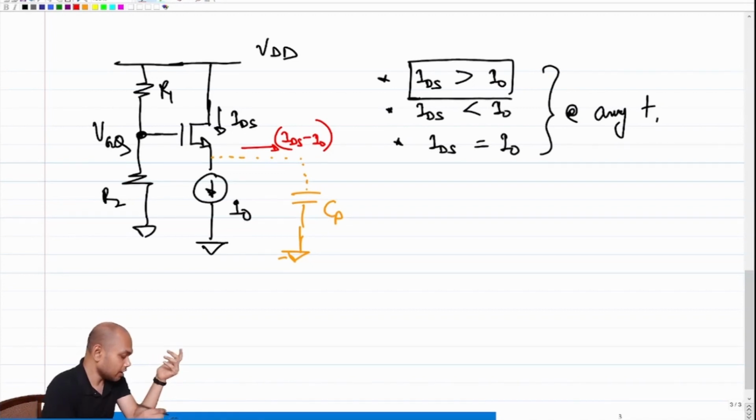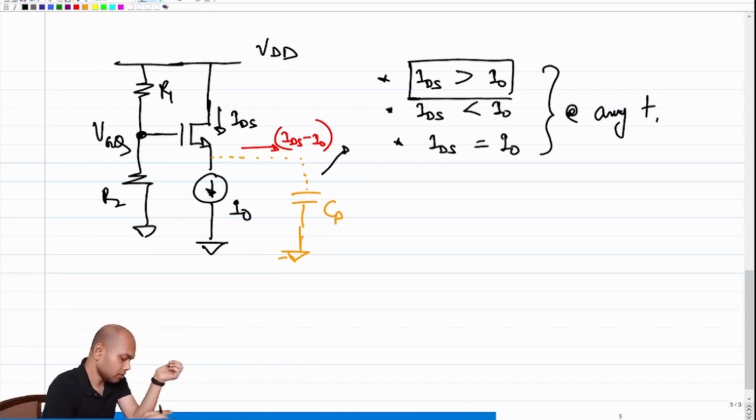What information am I gathering? I'll be gathering it only by observing the source voltage. What will happen to the source voltage? The source voltage will increase.